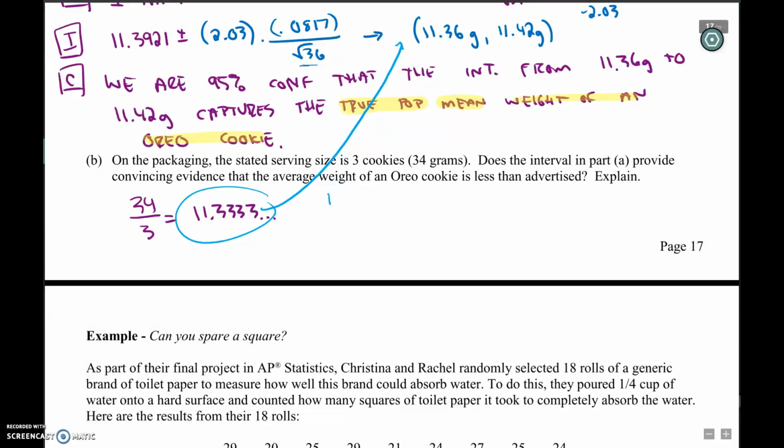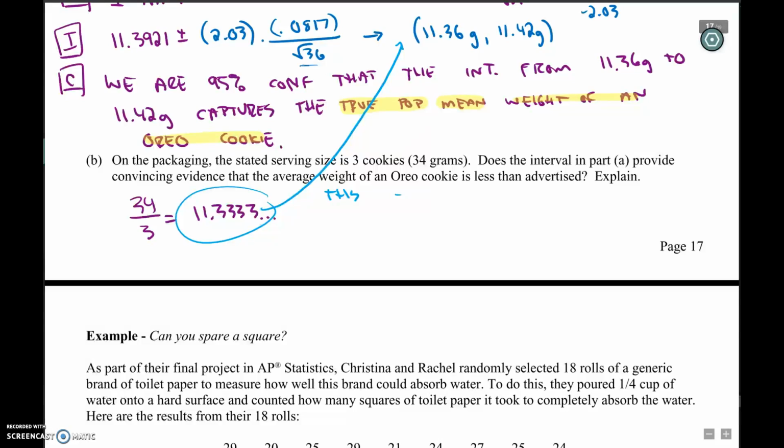So I would say this does provide convincing, or maybe more precisely, we should say this sample provides convincing evidence. I'm going to write that over so it's a little bit better.